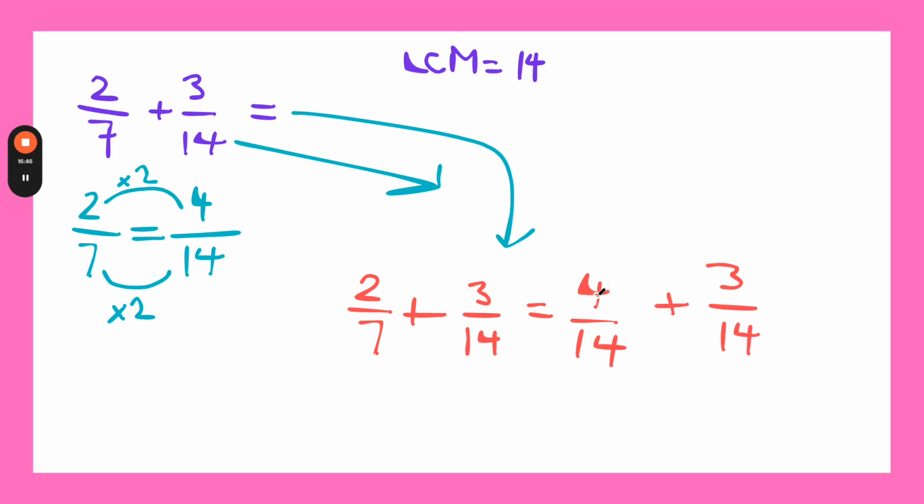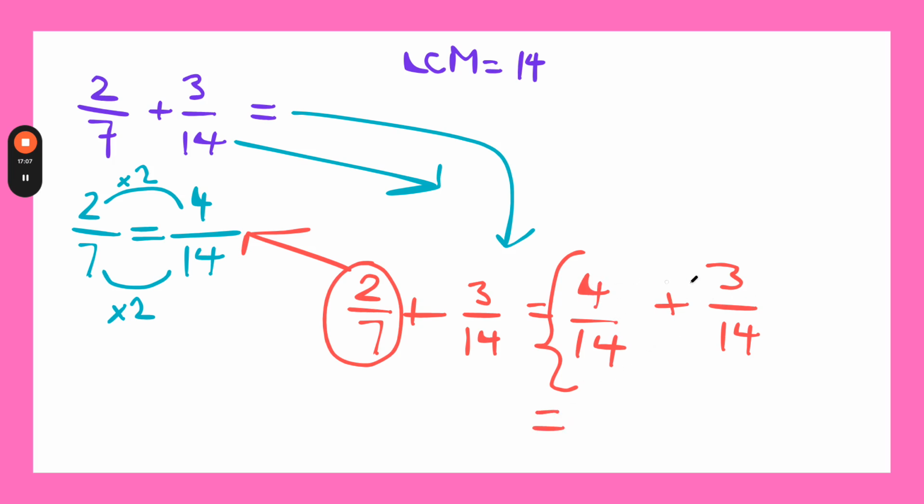The reason why we have 4 over 14 here is because 2 over 7 is equivalent to 4 over 14. So this sum now is very straightforward, because all we have to do is add our numerators together.